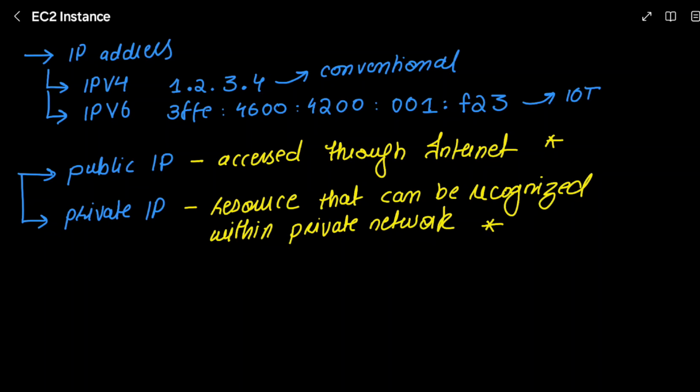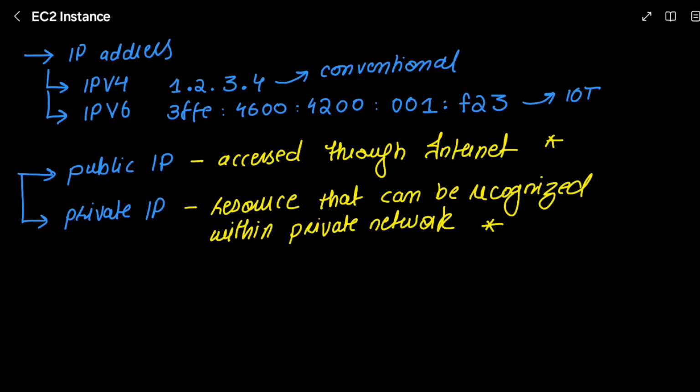But if you're in a specific network, obviously there are ways through which you can enable your private IP addresses to have some sort of communication with the internet. But we'll discuss that later.